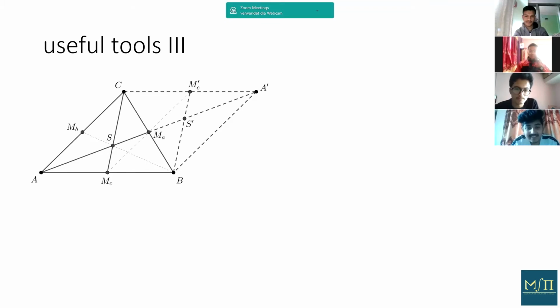Then the next useful tool that I have here is what happens with the centroid of a triangle. A centroid is the common point of the, okay, I've forgotten the English term right now, but of the lines joining the vertices to the midpoints of the opposite sides. The centroid, here it's called S in the triangle ABC. That's because it's the short form for the German word, but otherwise we don't have to worry too much about these things.